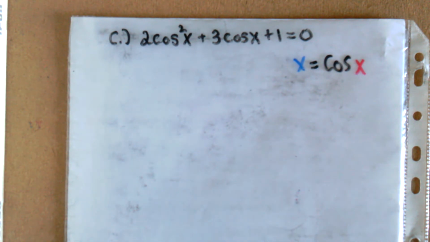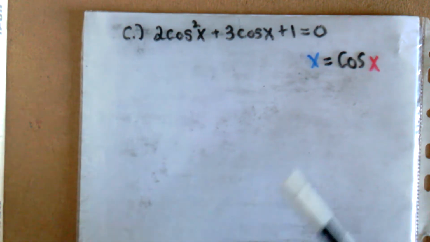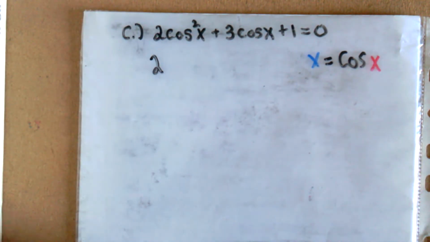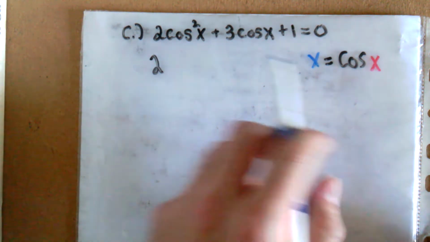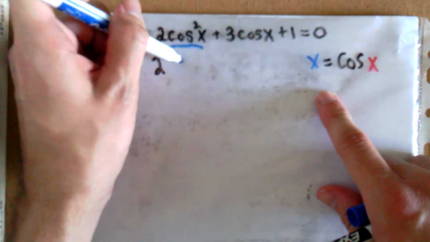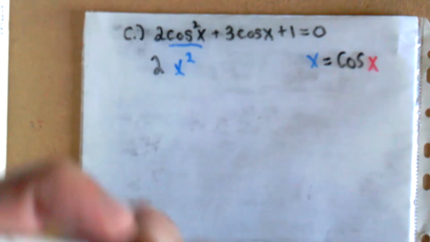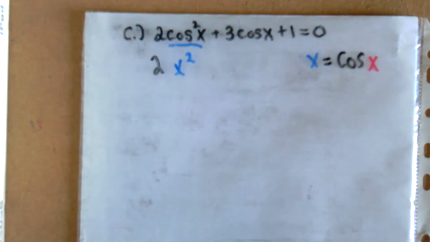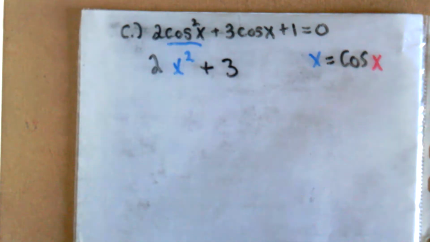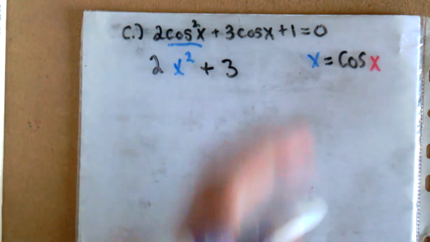Okay, so now let's go ahead and rewrite our equation using x for cosine. So we have 2 cosine x squared. Since we're replacing cosine with x, we're going to say x squared instead. 2x squared plus 3. Again, we're replacing cosine with x.